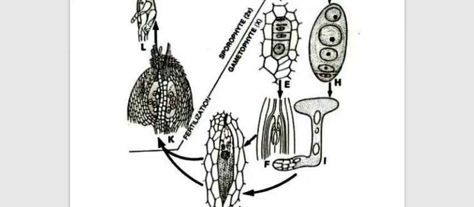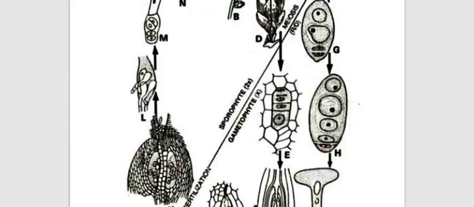Each proembryo develops into an embryo, and a suspensor tube is formed, and the proembryonal nucleus enters into this suspensor tube and then divides further, and produces at its lower side.